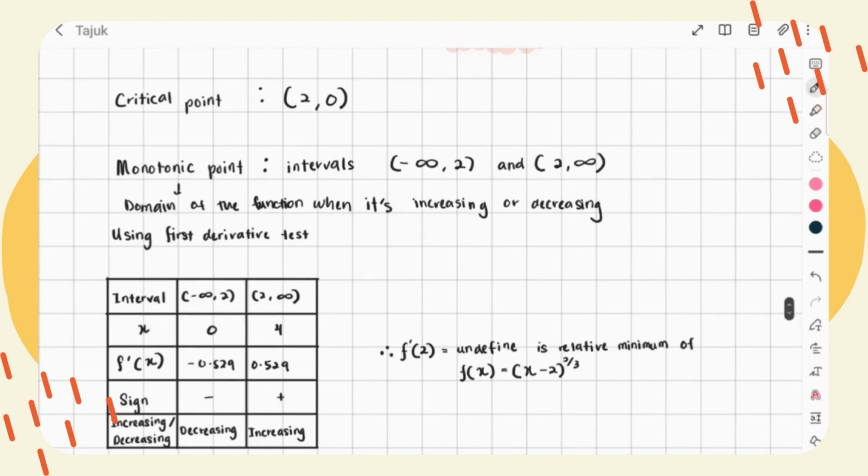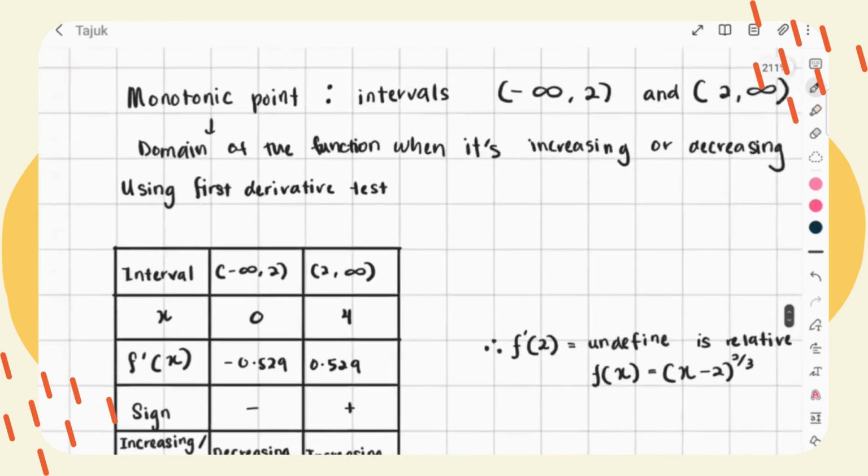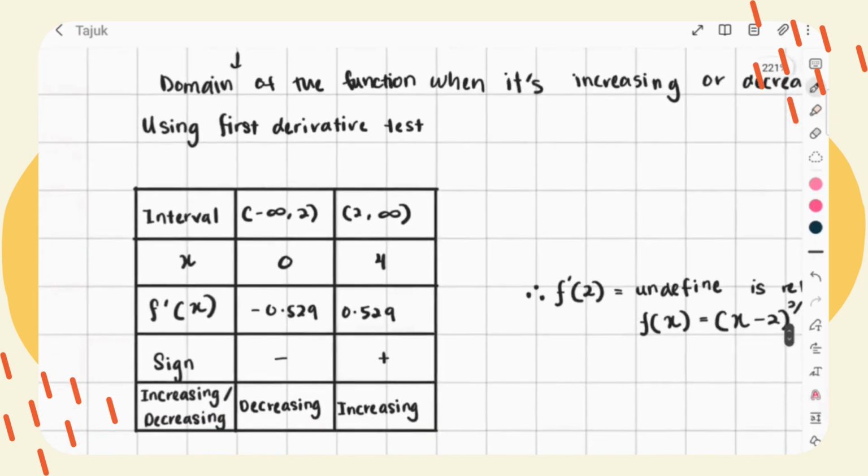So we analyze the function in the following table using the first derivative test. We just need to pick one value from each interval. Here we pick 0 and 4, and then we substitute the values into f prime x.